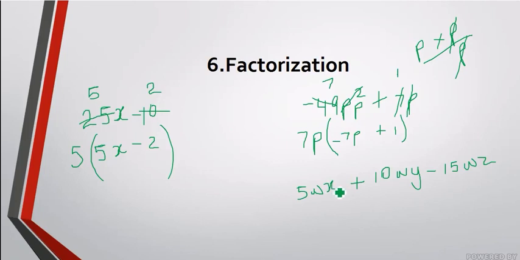Let's look at another example. I have 5wx plus 10wy minus 15wz. As we can see, 5 can be factorized here. 5 could go into 5, 1, 5 could go into 10, 2, and 5 could go into 15, 3 times. We're working on our numbers first. So what did we factorize? 5. We use 5 to factorize, so 5 comes outside. Now let's look to see if there are any more common terms. Yes, there is a w in each one of these terms.